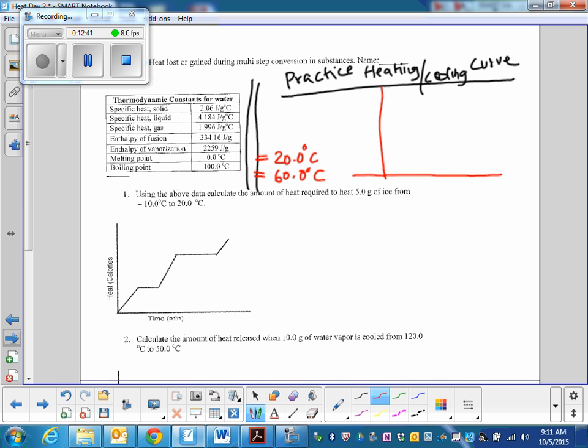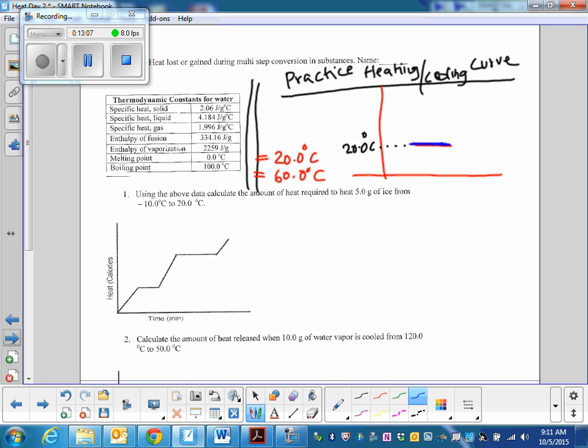So draw a flat line. Draw a flat line a little further away, and what is the melting point again? 20 degrees Celsius. Everybody okay? So that is the first thing you need to do.